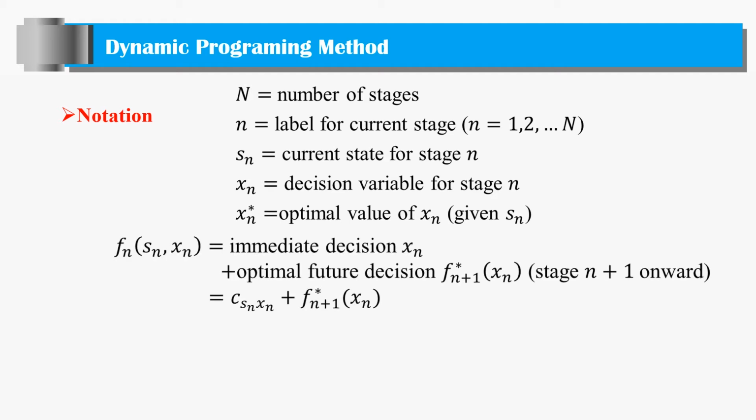The function fn(Sn, xn) means the immediate decision xn plus the optimal future decision of the next stage. And fn star is the optimal value of fn. Usually in this problem, fn star equals the minimum of fn.